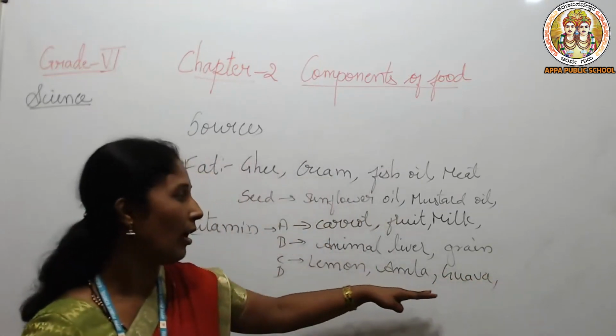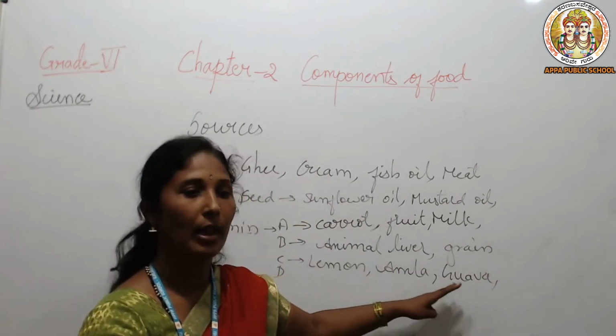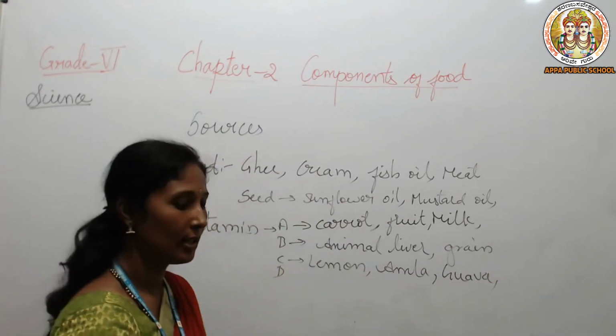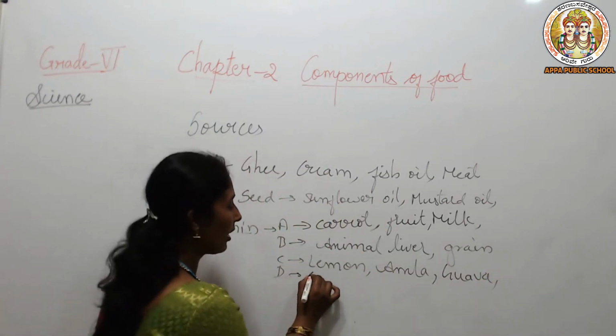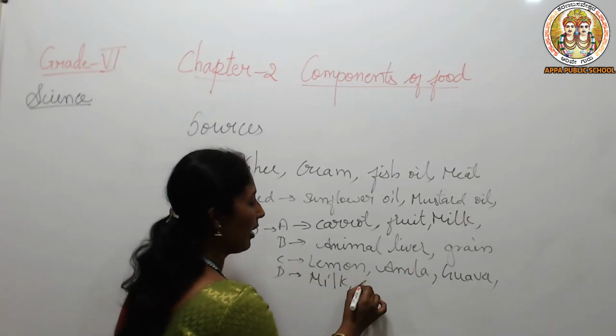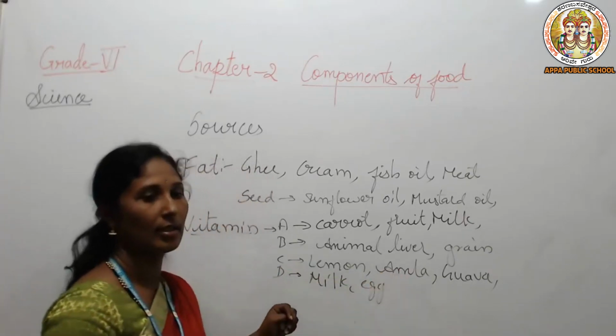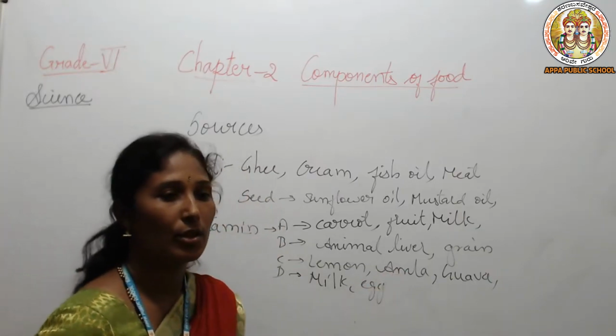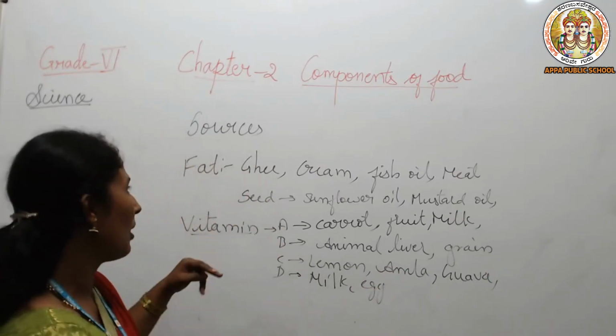So all these fruits contain vitamin C. Vitamin D from milk, egg, yes. So these are some of the sources of vitamins.